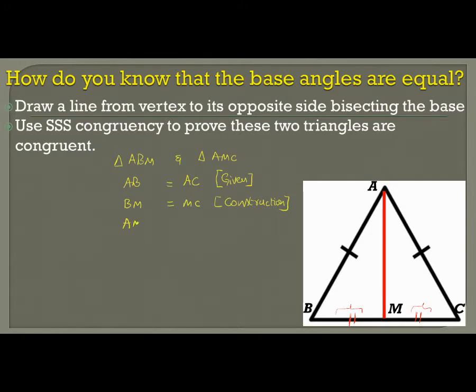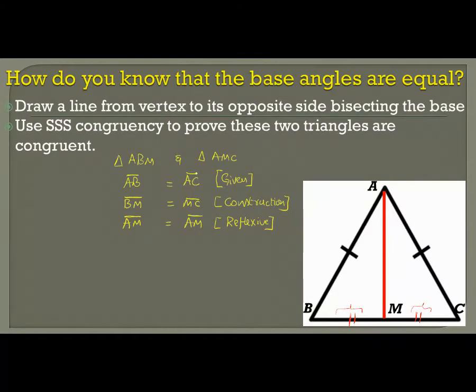Now, the third one is AM equals AM, by the reflexive property. It is a side shared by both triangles, so AM and AM are equal. I forgot to mention the line segment symbol.